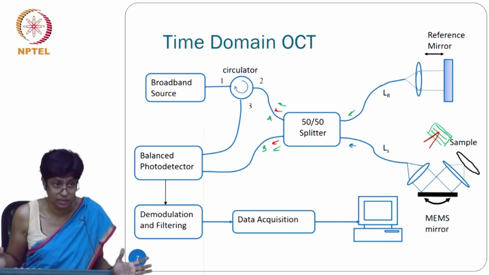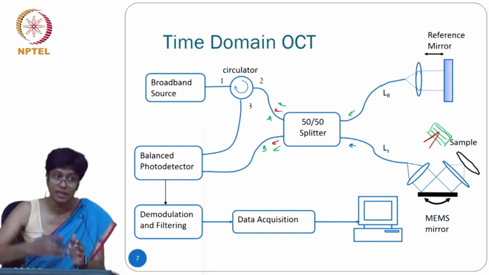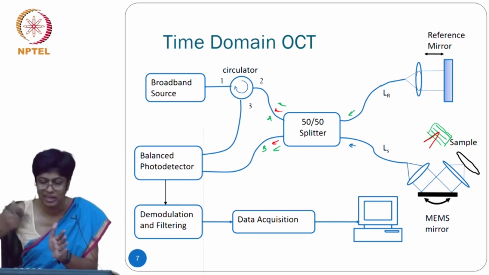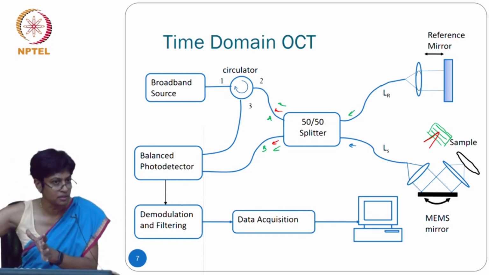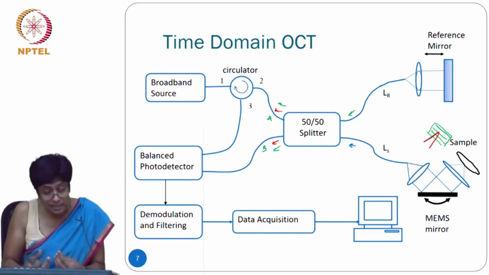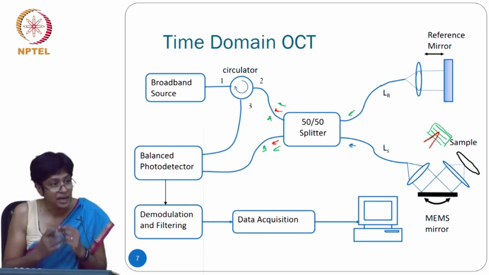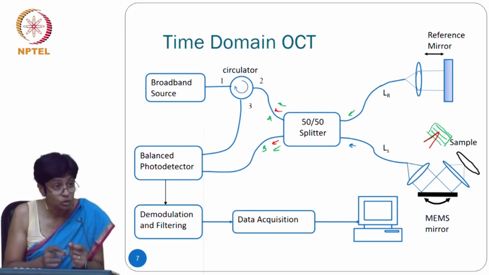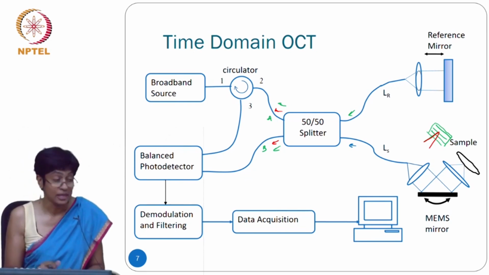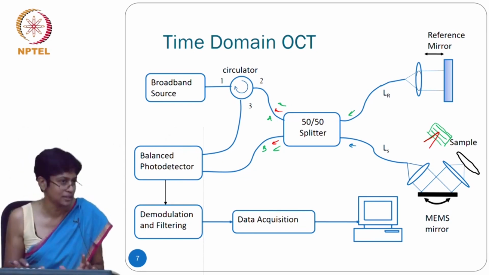I can't control that. If light is incident on the sample, there is a reflection from the top surface, from every surface or every disturbance within the medium, and from the end of the sample. But I have set up my system such that the path length difference is 0 only for the light reflecting off this one particular layer.